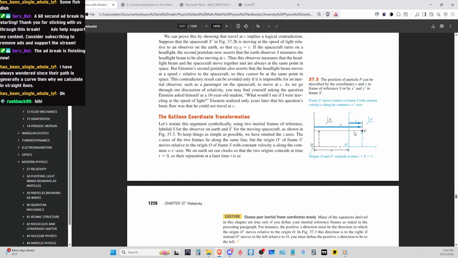Okay, so, oh, they show us a figure here. The position of particle P can be described by the coordinates x and y in the frame of reference of S, or by x prime and y prime in S prime. Okay. So let's see how this is. So this is y prime and x prime.